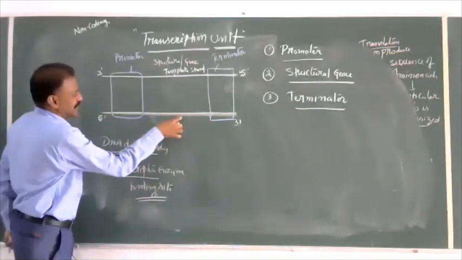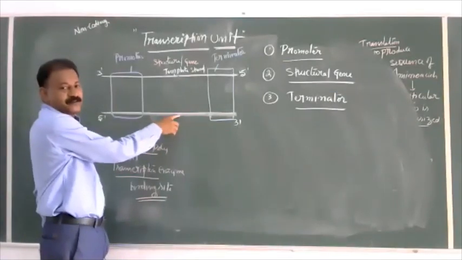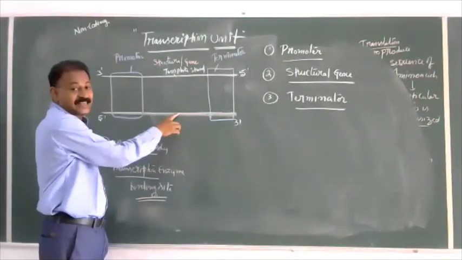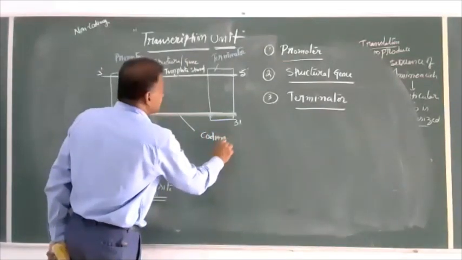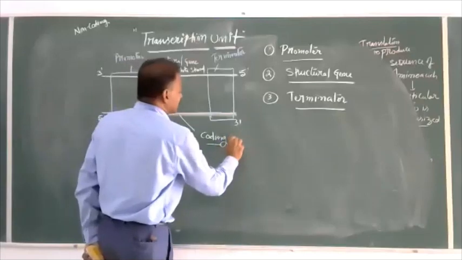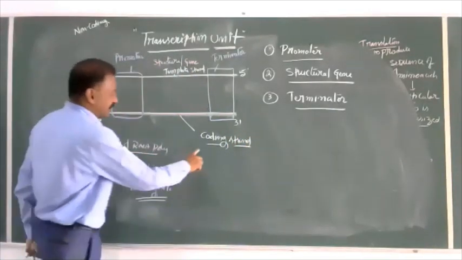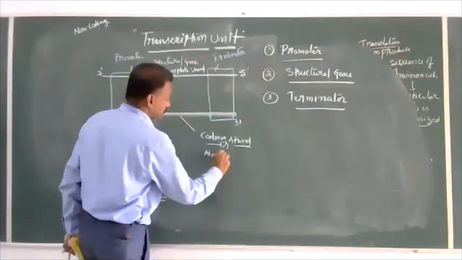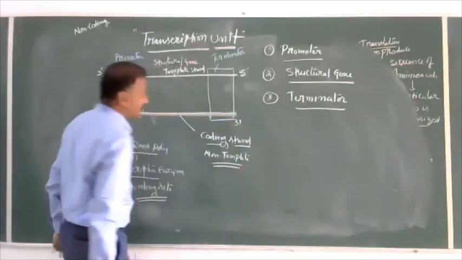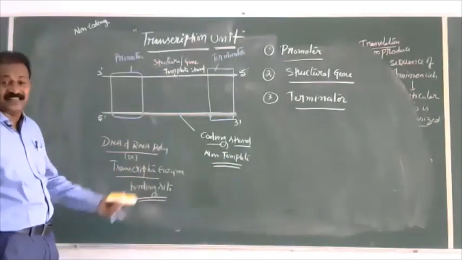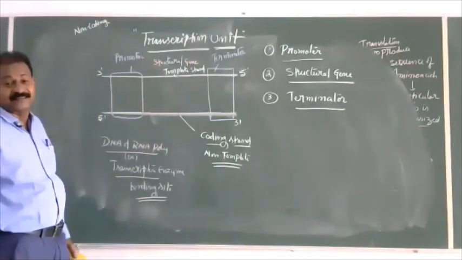The opposite strand which is not involved in the transcription, which is not acting like template, this is called coding strand. It is surprising. Coding strand, non-coding strand, non-template strand. In various books, of various standards, they have given various names: plus strand, minus strand, sense strand, antisense strand, like that.